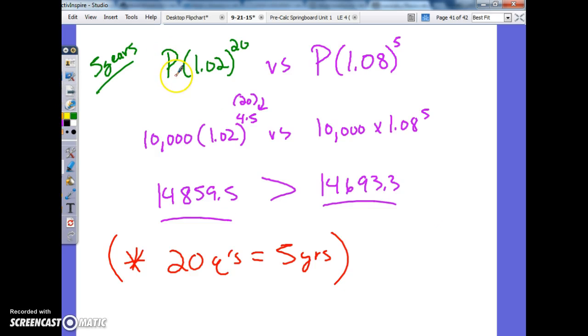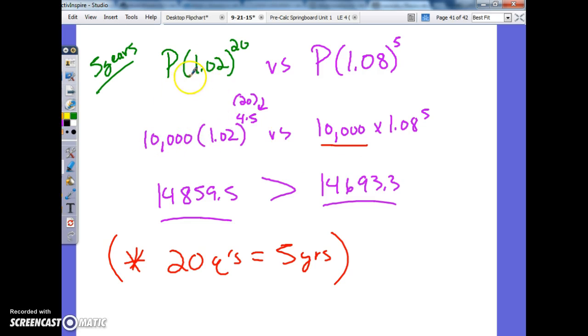So at 5 years, notice the difference here. There's annual: principal times 1.08, and the interest is annual. So for 5 years, we compound our interest 5 times, every year. So $10,000 times 1.08 to the 5th power is 14,693. Now let's do it quarterly.